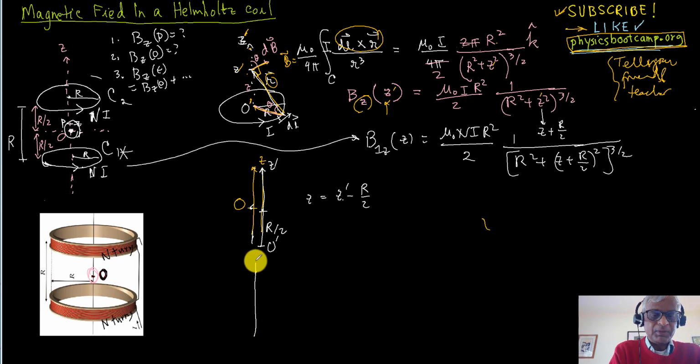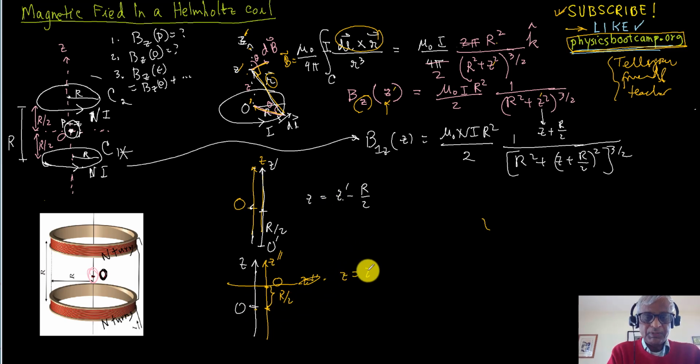Okay, so we have the original z with O, then this z prime, you can put it up there or there, it doesn't matter, and this distance is r over 2, so you can call it z double prime, and that will be O. When this is the field point, and that's where the loop is, from here to here, now you have exactly opposite, z equal to z double prime plus r over 2.